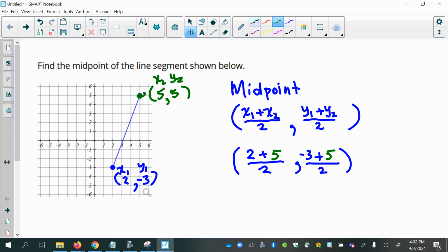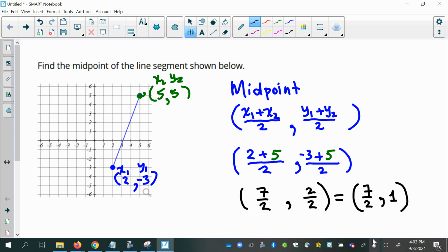Now we just simplify to finish this off and get our coordinates of the midpoint. So 7 over 2, and -3 plus 5 is +2 over 2. And you can simplify that to 7 over 2 and 1.